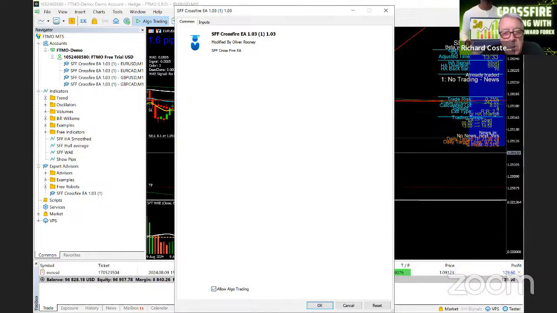If that is not checked, you won't be able to get into any trades. And 1 or 2 people have missed that. I'll need to be on a different pair to turn that off because it'll take me out of this trade if I turn it off. But that is a common mistake. It comes under common, and the only thing is this box is way out of sight. You may not see that. It needs to be ticked to allow algo trading.